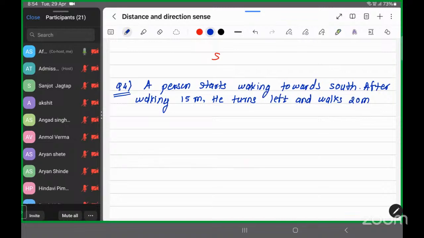He turns left again and walks 15 meters.